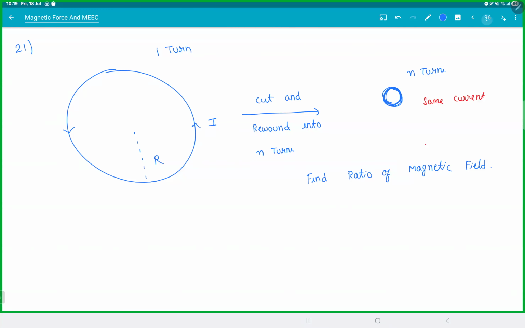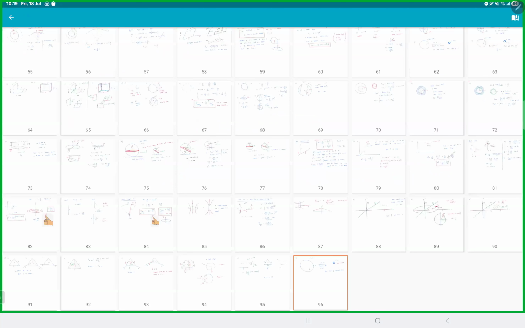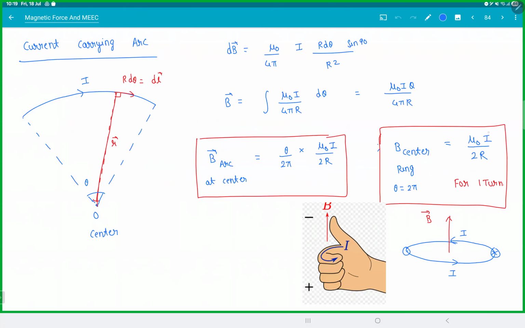Hope you remember the field due to a full ring: mu naught I by 2r per one turn.